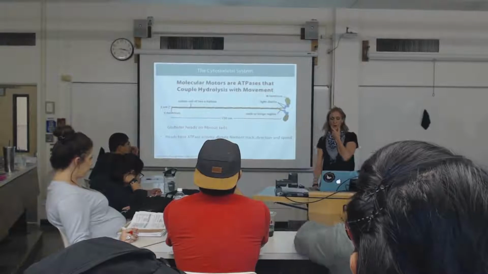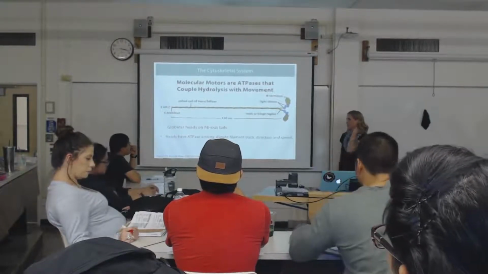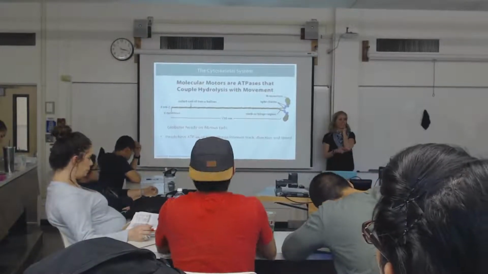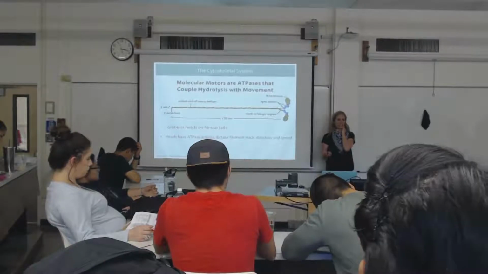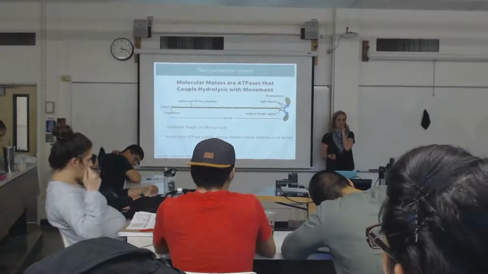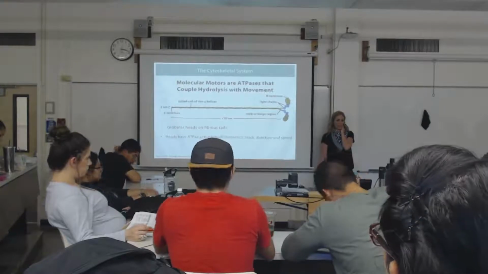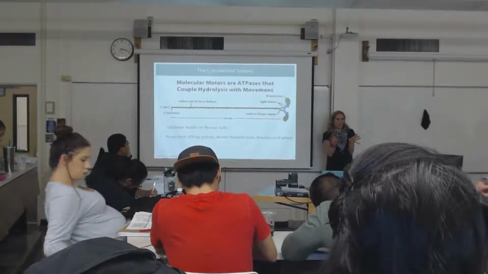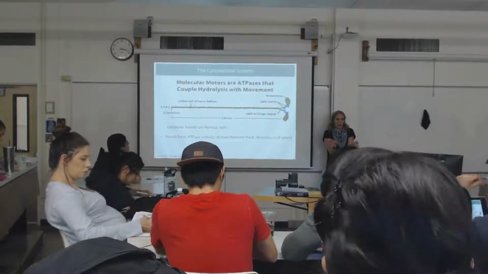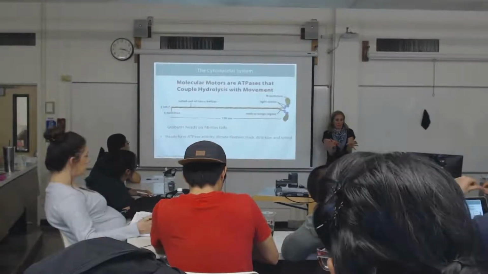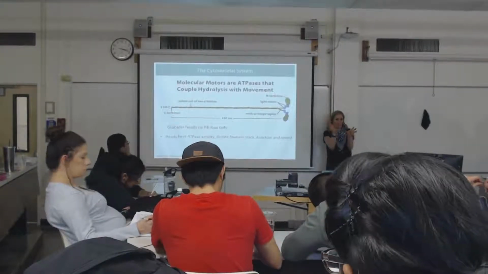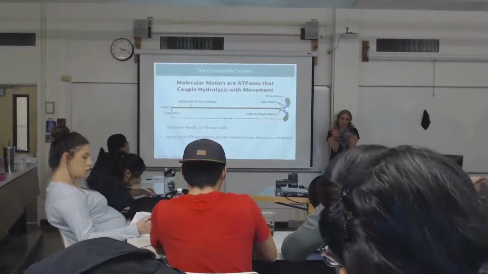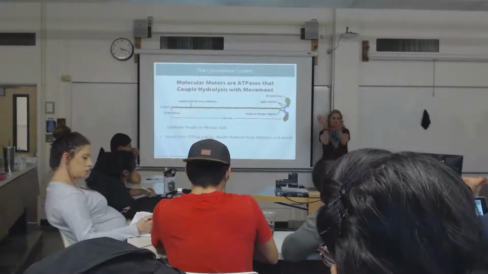So the heads are what have the ATPase activity, right? ATPase activity refers to the hydrolysis of ATP to ADP. So it's breaking that high energy phosphate bond. And the structure of the heads is really what determines which direction, right? The heads are only able to associate with the filaments and move along them in one direction.